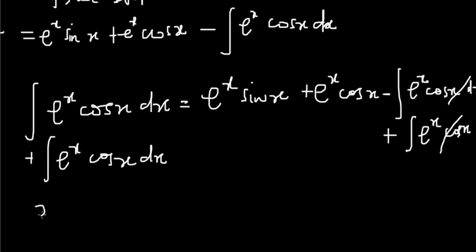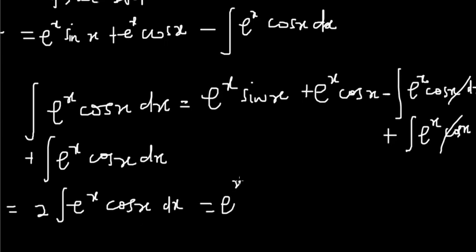So this will give us 2 integral of e exponent x cos x dx, all right? And then this will be equal to this expression without this one. So we have e exponent x sine of x plus e exponent x cos of x.